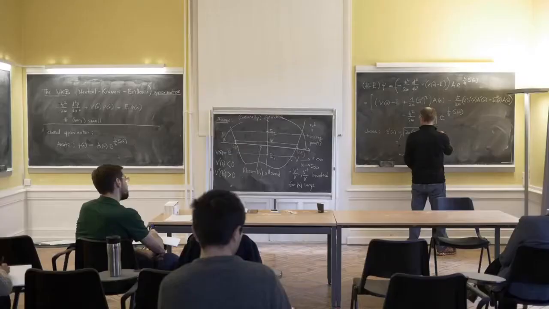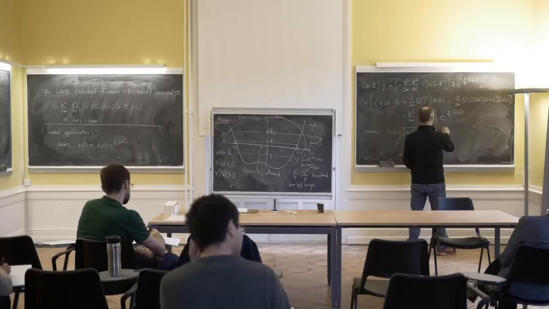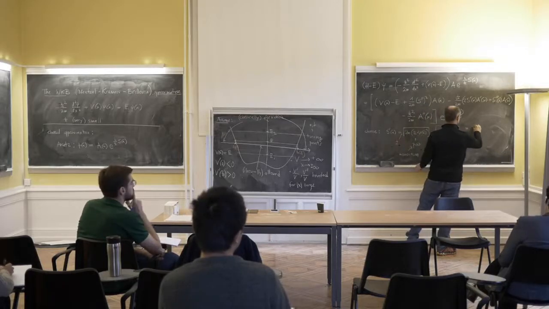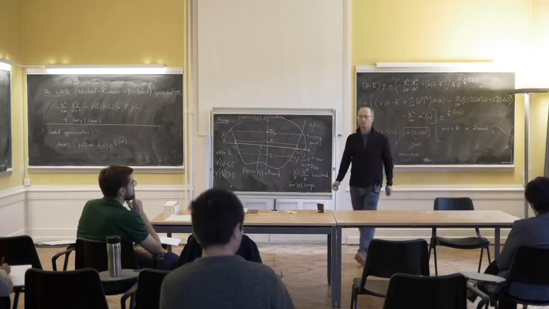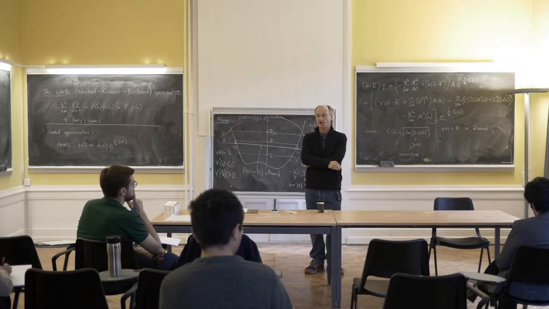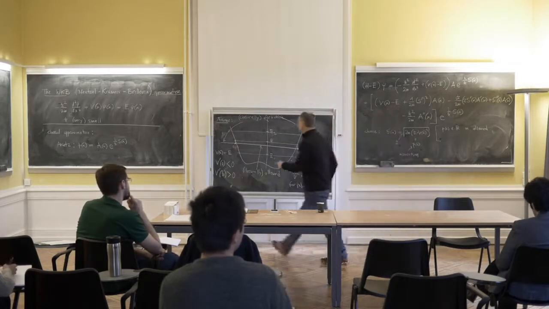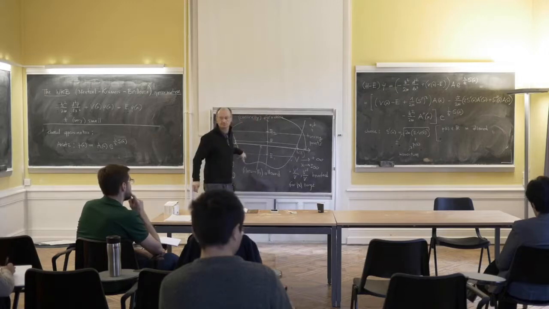So note, it's actually interesting. So p of x is real in the allowed region, right? So the allowed region is where V is smaller than E, right?